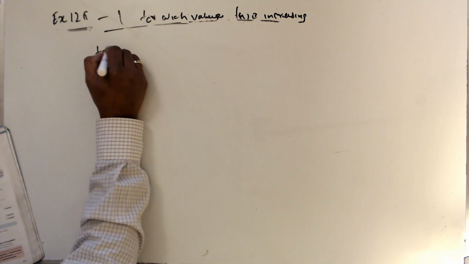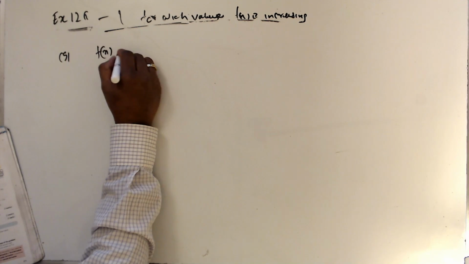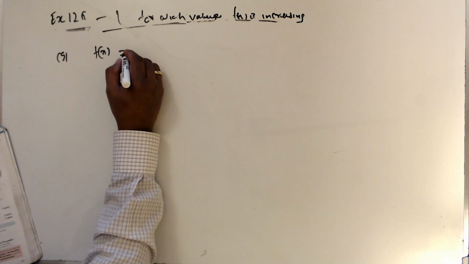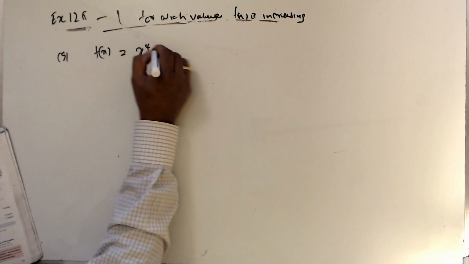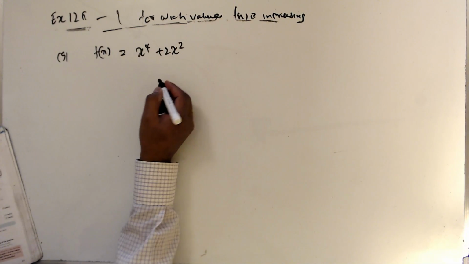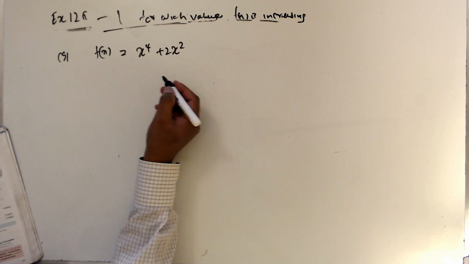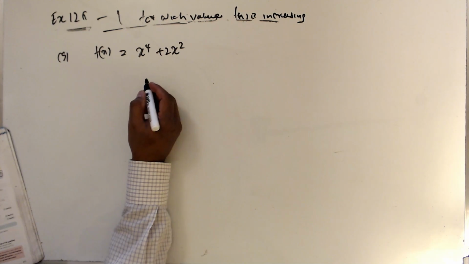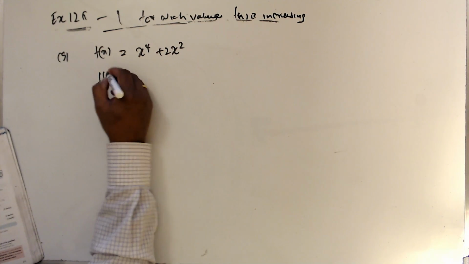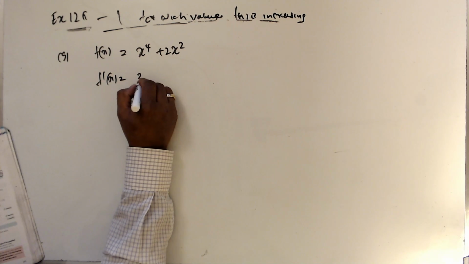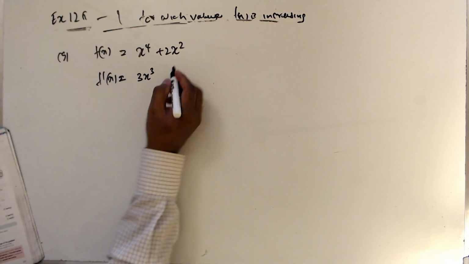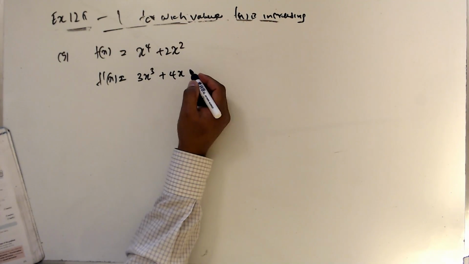Now take f of x equals x to the 4 plus 2x square, and f dash x equals 4x cube plus 4x.